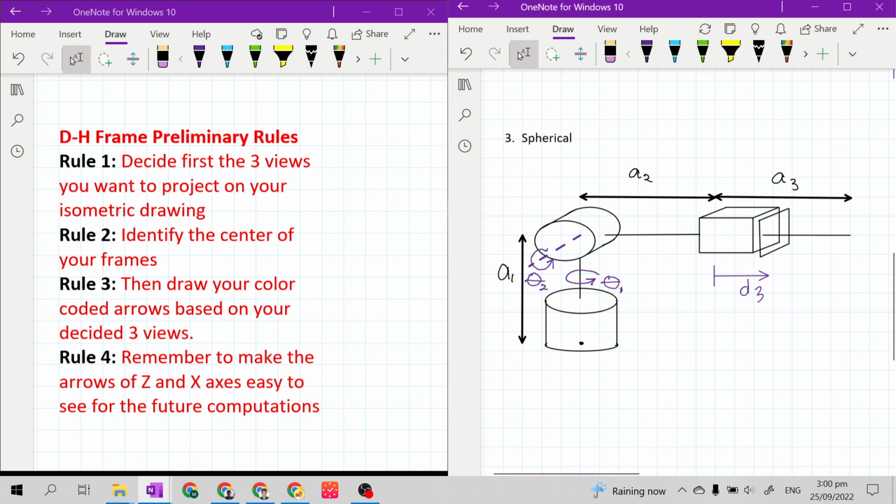For the second joint or revolute joint, it will be located at the center of the second joint, also the center of gravity of the second joint, and also where link A1 and link A2 cross each other.